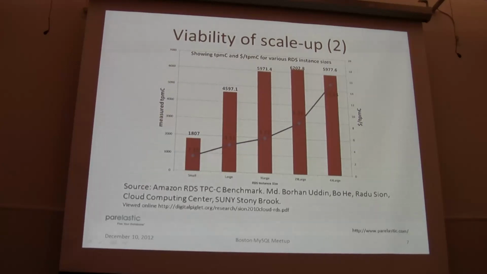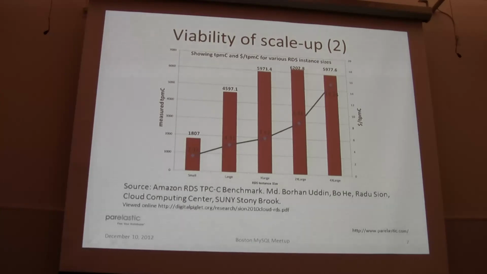The exact same data, I just added what the cost is. So the line here says, what does it cost me to get one additional TPMC? With a small, it's $2.36. With a large, it's $15.34.